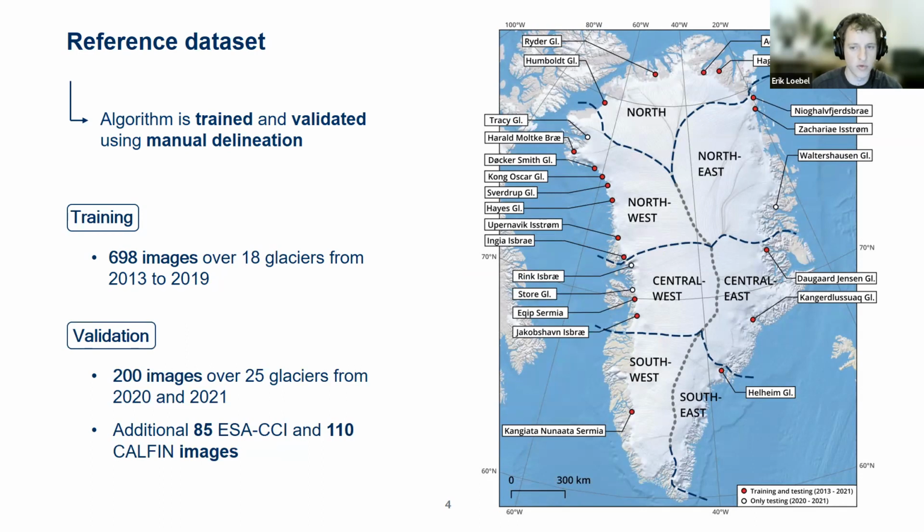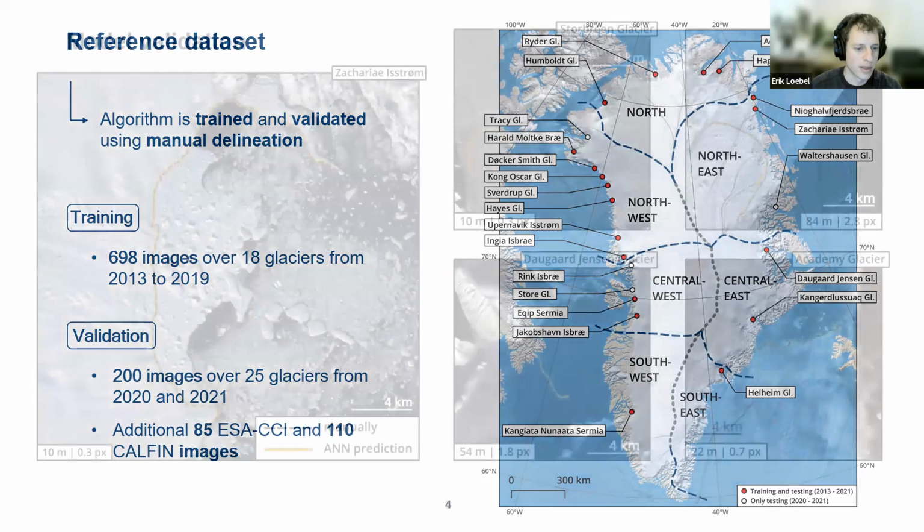So here we have 2020 and 2021, and we also have some additional glaciers to really ensure that we have this spatial generalizability, so that afterwards we're able to apply this algorithm on any glacier. And then we use some additional glaciers from some established data sets, like from ESA CCI and from calving. So these are also manually delineated glaciers we use for testing our model.